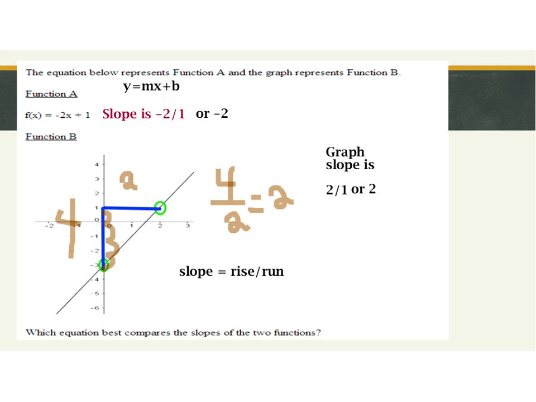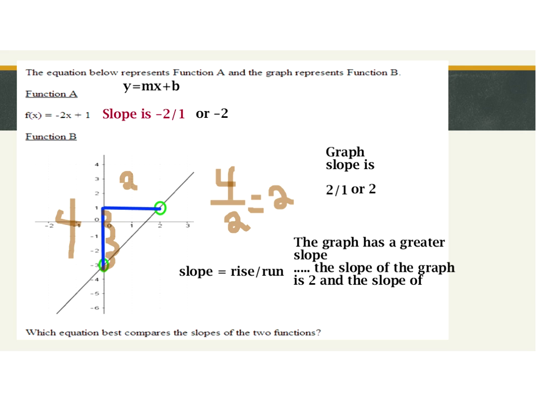So which slope is greater? The graph has a greater slope. When you write these essays, I need to have the information that the slope of the graph is 2, and the slope of function A is -2.